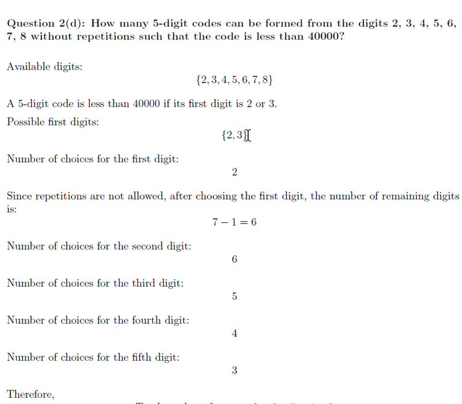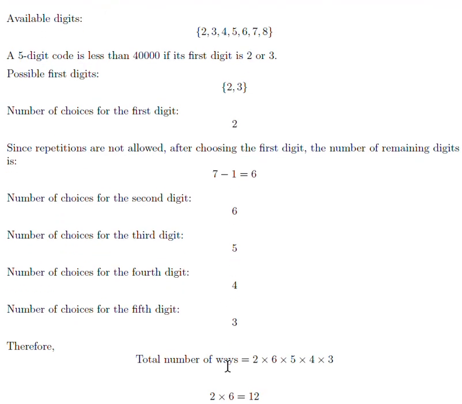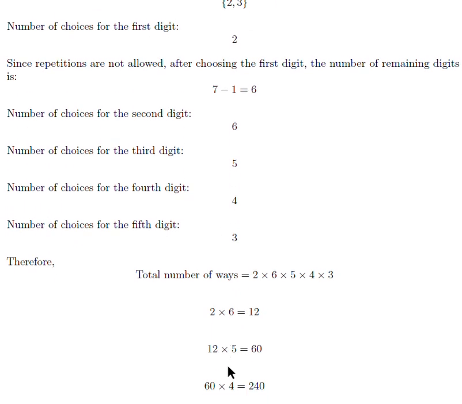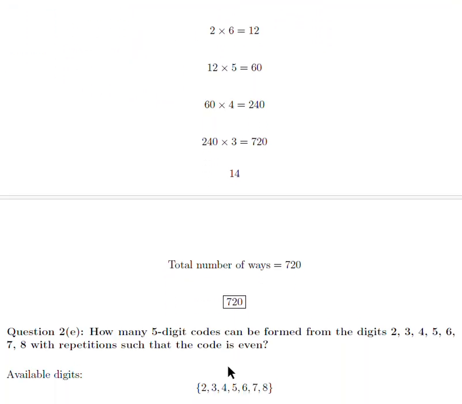So our first digit can only take 2 choices, right? And the other positions will take one choice each and keep removing from the total, just like we've seen in the previous examples. And we'll have a solution for this as well. 720 ways of doing that.